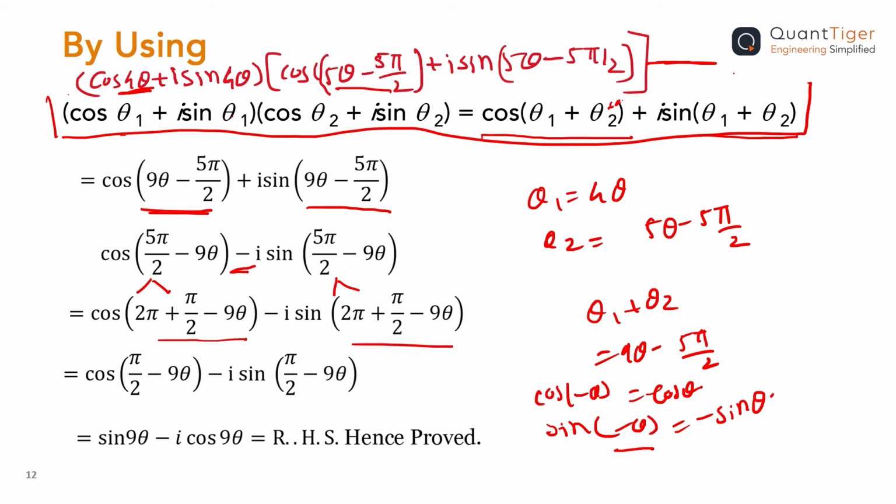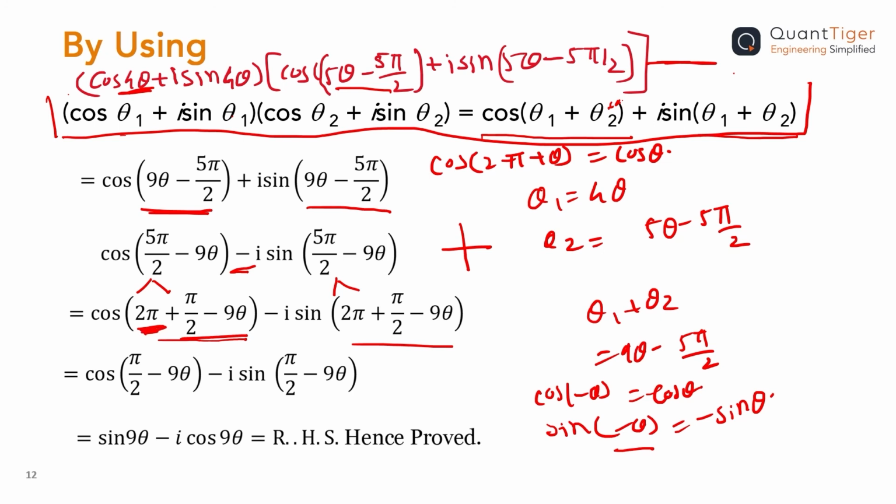Now we know that if we add an angle to 2 pi, then we will get the same angle. Cos of 2 pi plus theta is equal to cos theta. Similarly sin of 2 pi plus theta is equal to sin theta. So that's what I have used here.